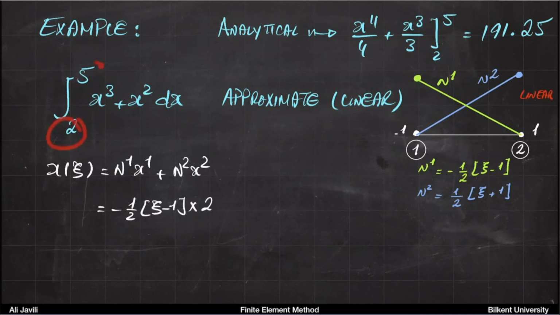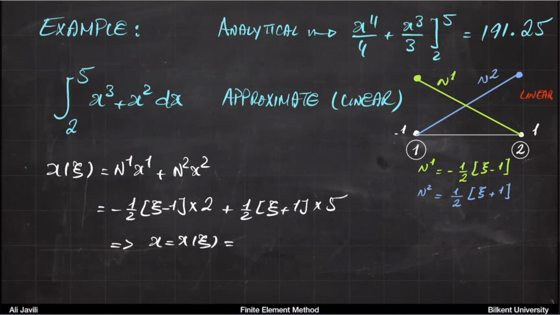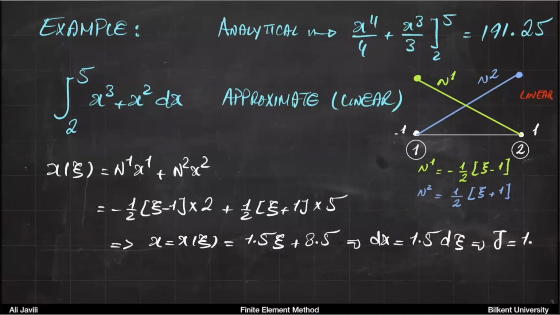You see, it's from 2 to 5, so x1 is 2, x2 is 5, plus 1 over 2 (c plus 1) times 5. If you do that, your x as a function of c would be simply 1.5c plus 3.5. Again, that means dx is simply 1.5 dc, or otherwise J is a constant of 1.5.